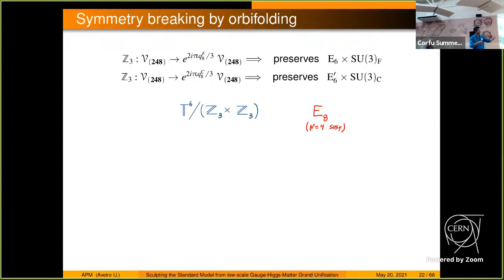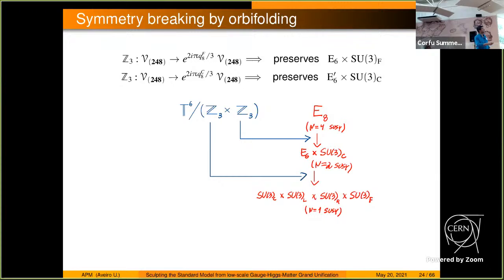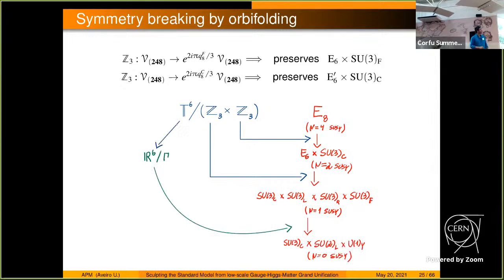And just to see a stepwise possibility. Let's say the first one is the second line. So it breaks E8, it reduces it to E6 cross SU3 color. Then the second one acts, and you break to the intersection group of these two. So it's the quartification group, like SU3s for color, left, right, and family. And finally, with the lattice group to compactify the extra dimensions, you have Wilson lines here.